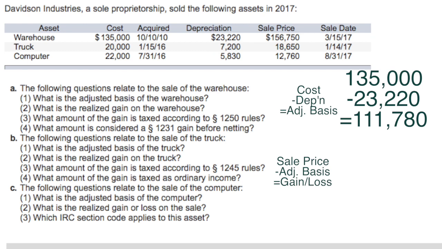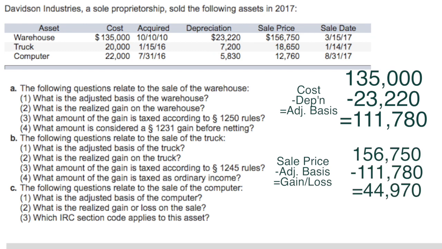They don't really use that terminology, so you don't have to worry about it, but just understand that difference. So let's pop in the numbers for our realized gain. We use that adjusted basis amount and subtract it from the sale price, and there we have it, $44,970.